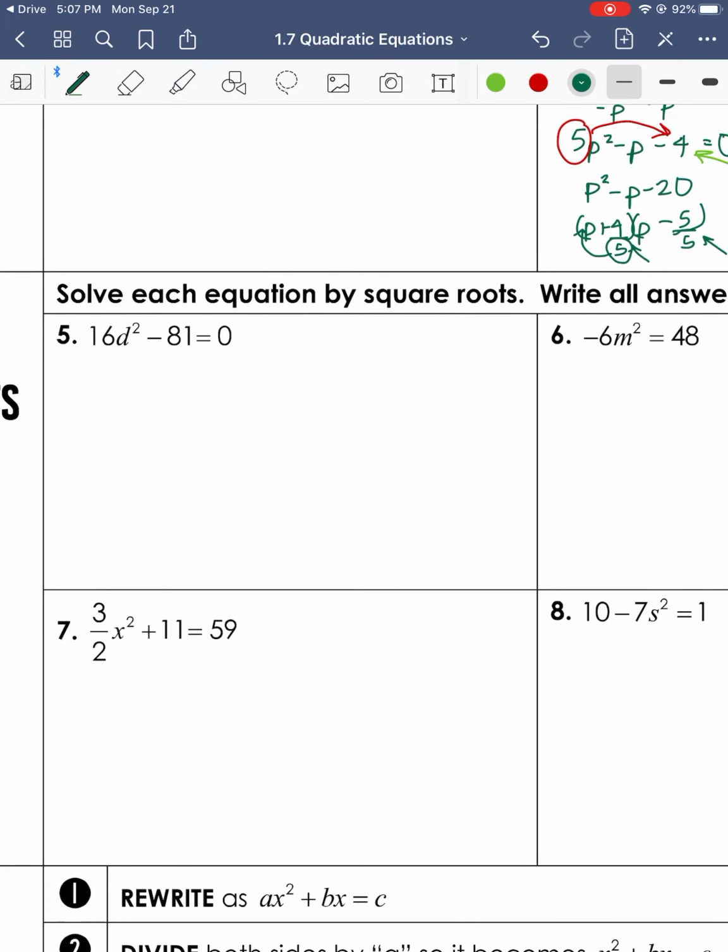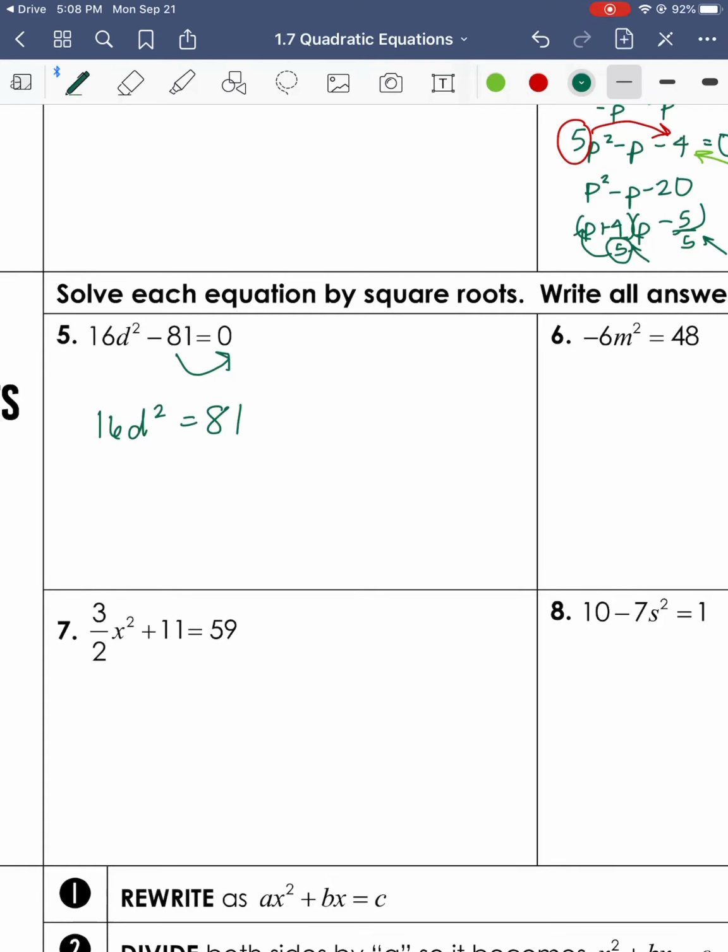But instead of factoring, we're actually just going to set the variable equal to the perfect square on the other side, and then just take the square root of both sides. Okay, so here we're going to move the constant over to the other side. So we have 16d squared is equal to positive 81.